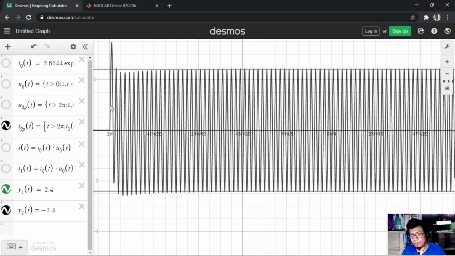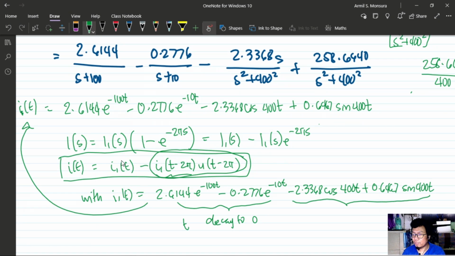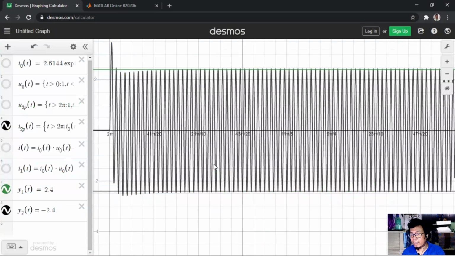Now imagine that if you subtract the two. What will happen is that at some point somewhere here, where the exponential has essentially decayed, siguro mga somewhere dito, the two sinusoids from this term and from this term would actually subtract each other out.